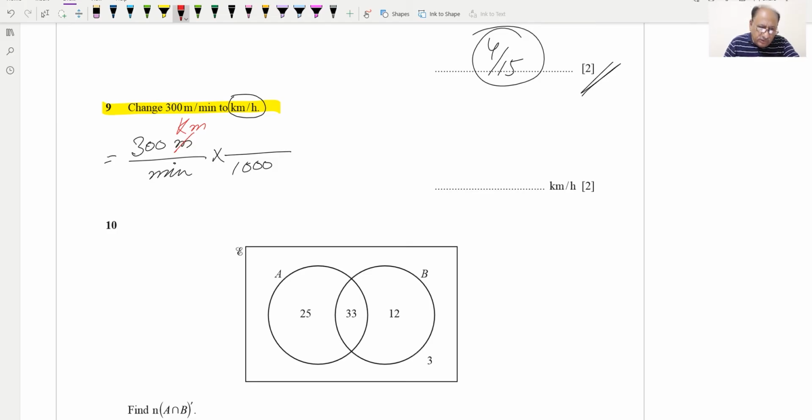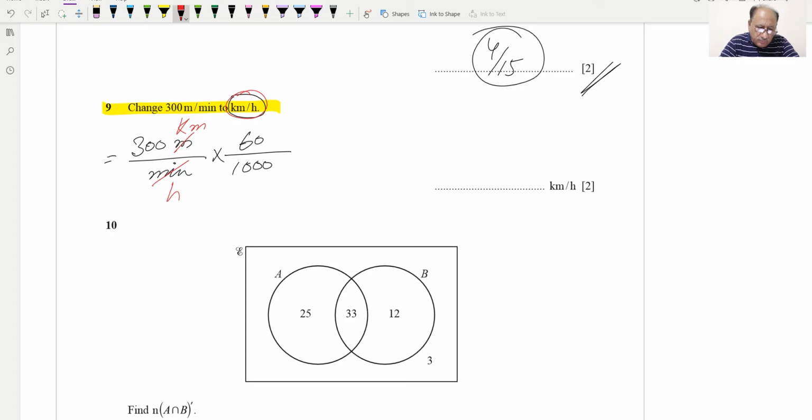And further we need to change minutes into hours, because the answer is required in hours, so we'll divide by 60 and 60, and now this minute is changed to hours.